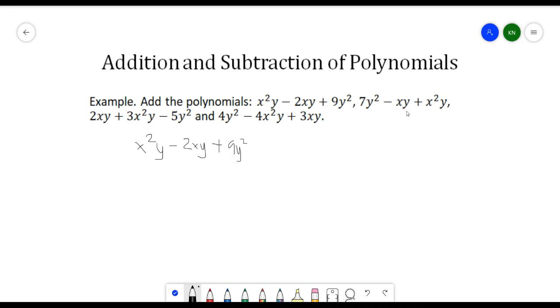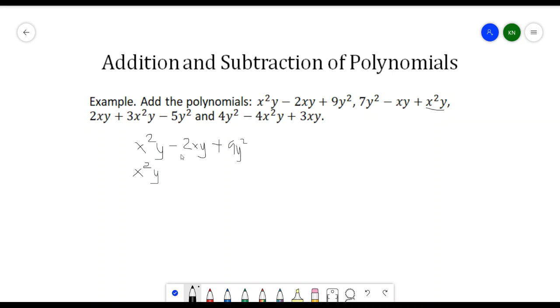Now we also have another algebraic expression which is 7y squared minus xy plus x squared y. So basically you just have to rearrange or align the like terms. Since this is x squared y, we'll rearrange the algebraic expression and have our x squared y being the first one written.